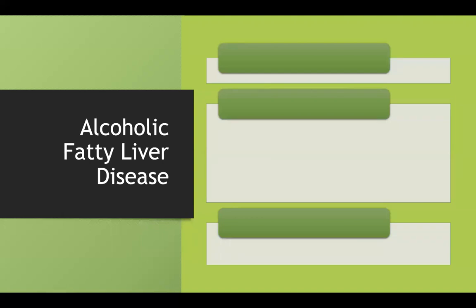So alcoholic fatty liver disease, as we just saw in the liver lobule, I mentioned that the mitochondria can get damaged and fat deposition usually begins in zone 3 of the liver. So how does that fat deposition even occur in the setting of alcohol use? Alcoholic fatty liver disease can also be referred to as hepatic steatosis.